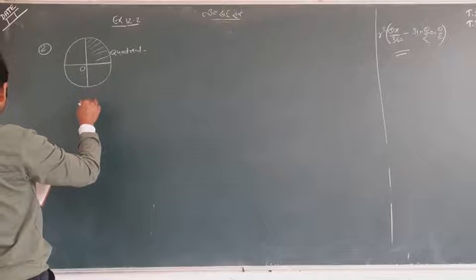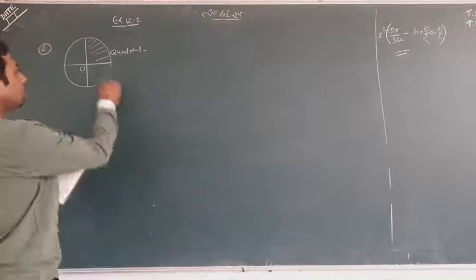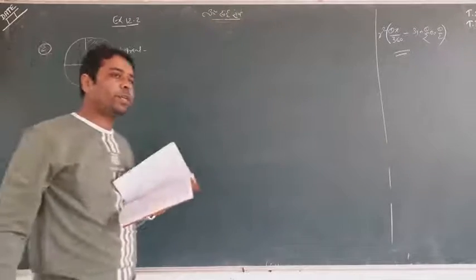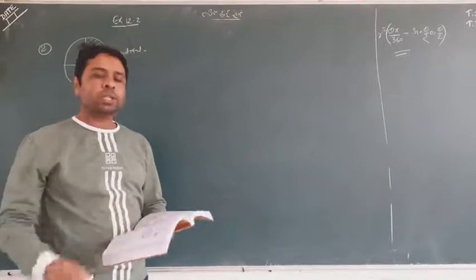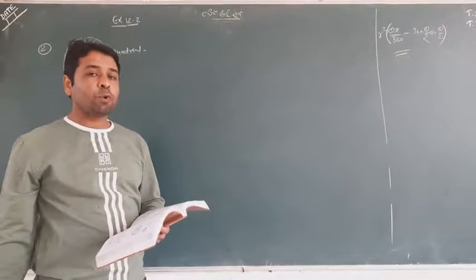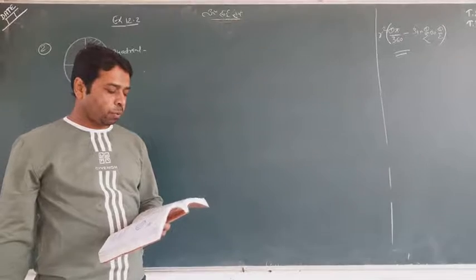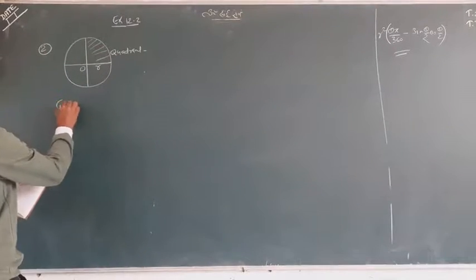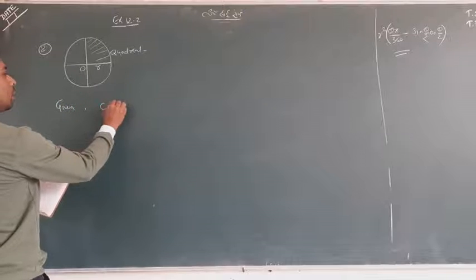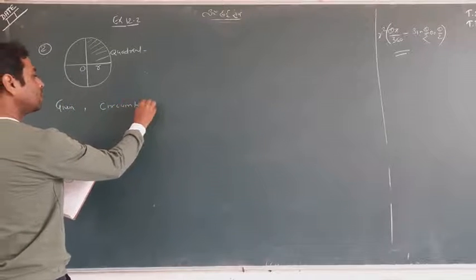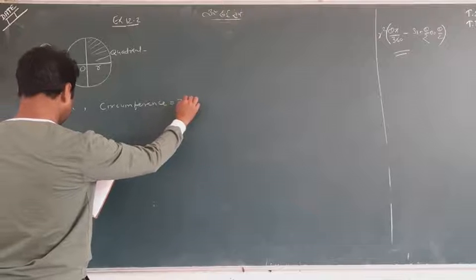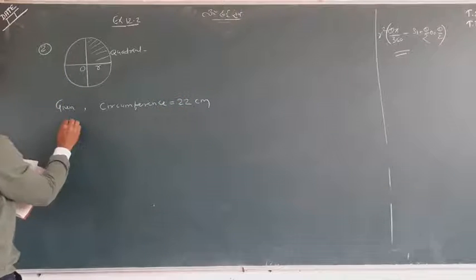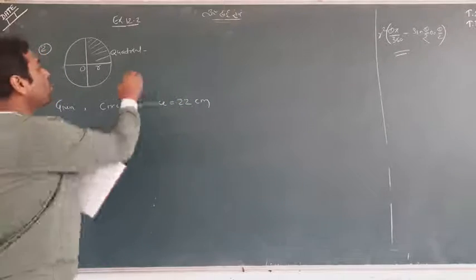Radius is not given, so the radius is r. And what does the question say? Find the area of the quadrant of the circle whose circumference is given. So we are given the circumference of the circle, which is 22 centimeters, and we want to find the area of the quadrant.